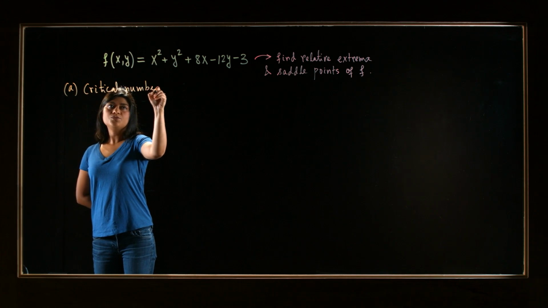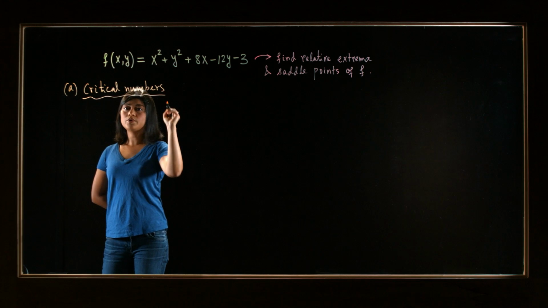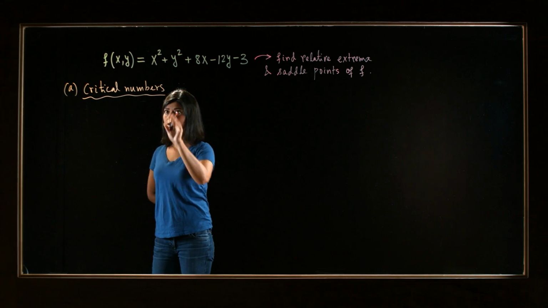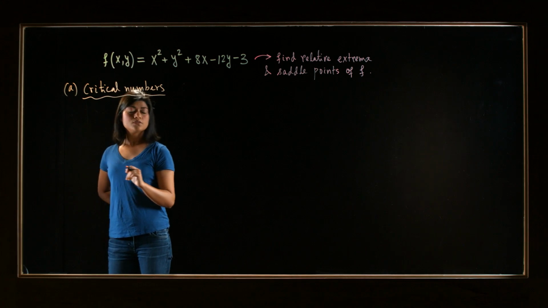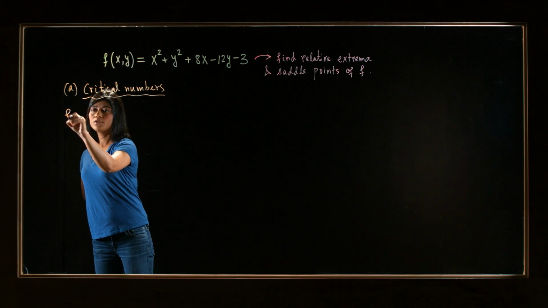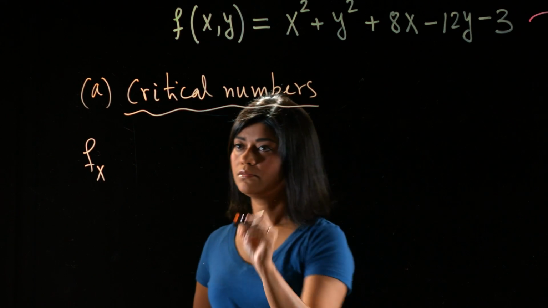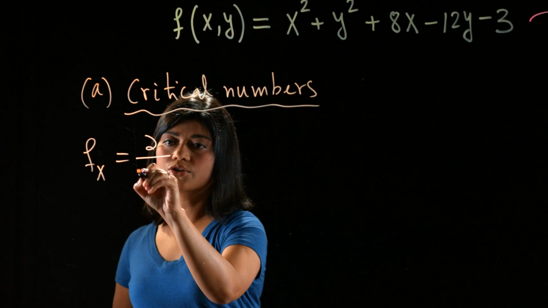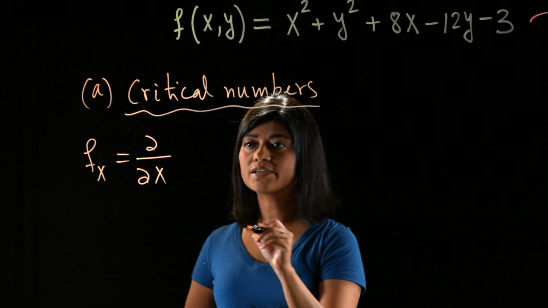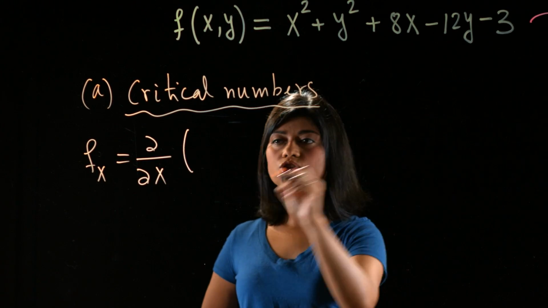And keep in mind that we need the first partial derivatives to compute critical numbers. Okay, so let's start with fx, the partial derivative with respect to x of the function.